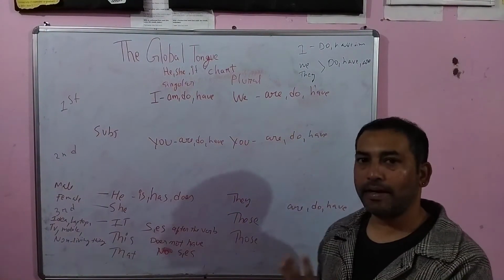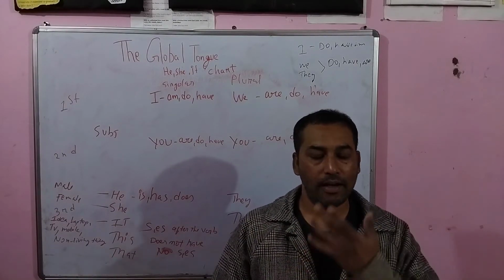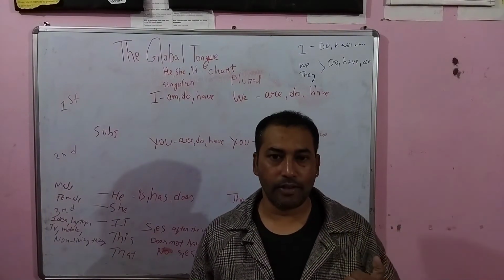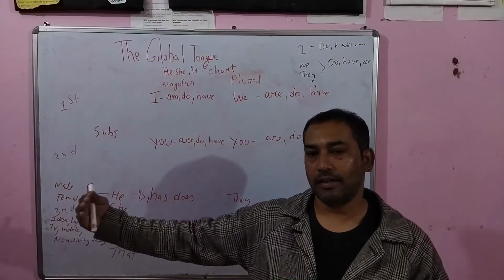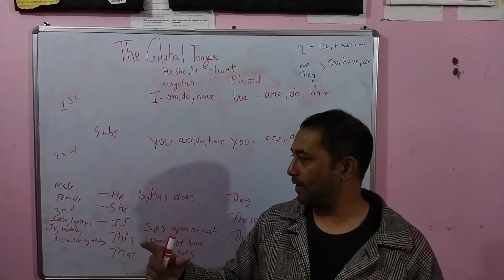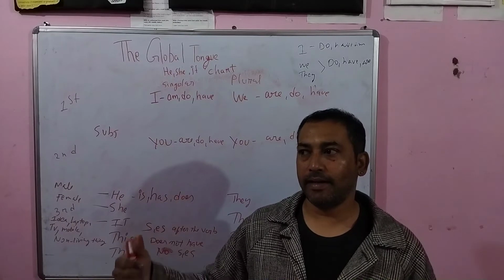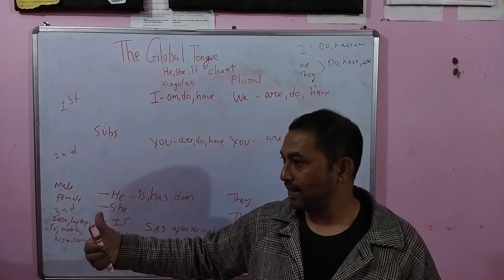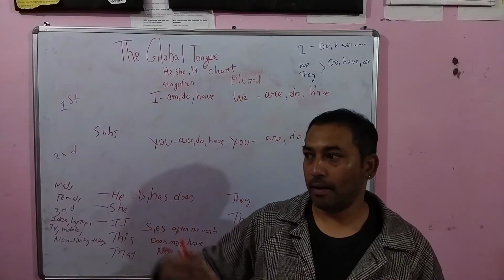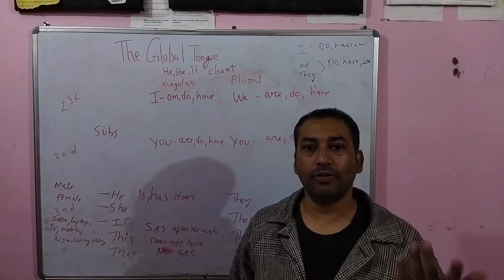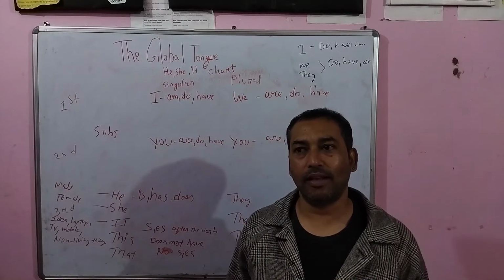So let's say you are preparing for an interview and you're talking about your friend, George. You can say my friend George does not have a bike. And if you wanted to say my friend George does a lot of work, and you said my friend George do a lot of work, then you don't get through, and then you're blaming me.